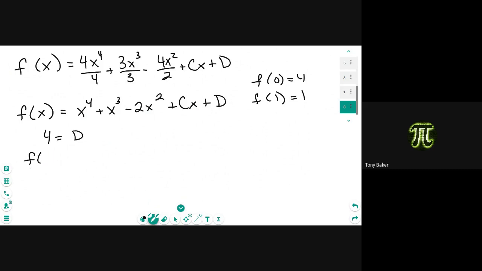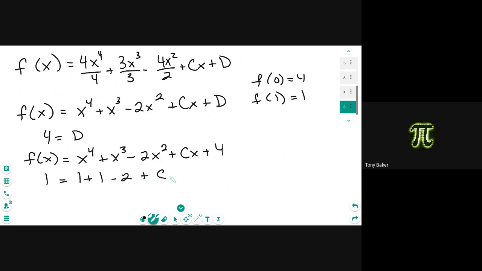So now if I plug 1 in for everything, I get 1 equals 1 plus 1 minus 2 plus C plus 4. So 1 plus 1 minus 2 is 0, plus 4 is 4.